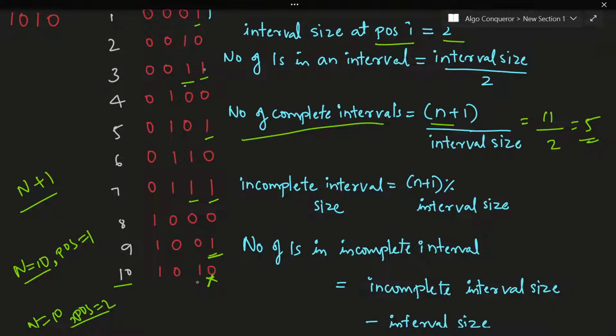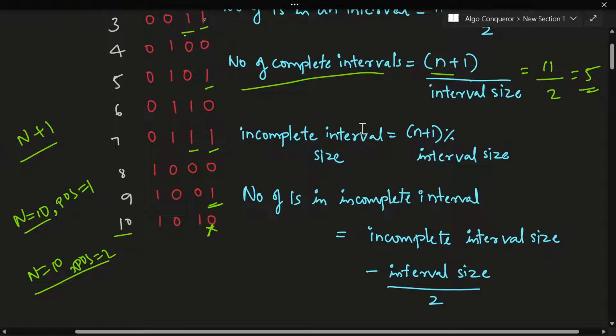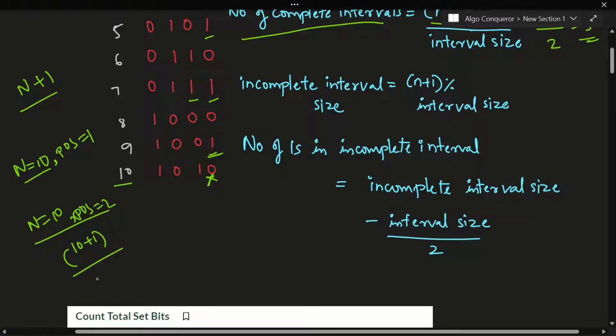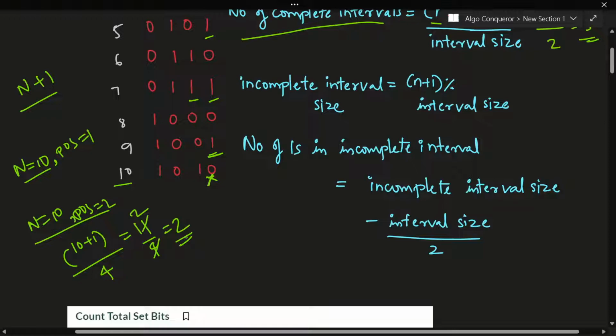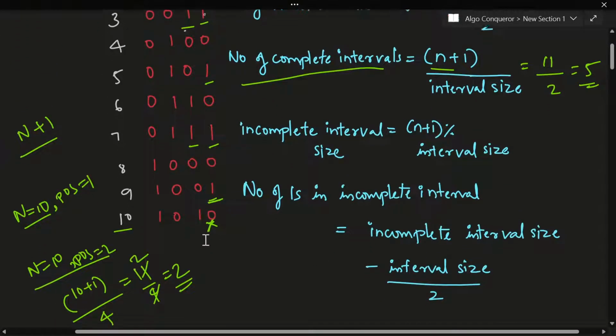And this interval is not complete yet. Alright. So the number of complete intervals, how will you calculate? (n plus 1) by interval size. 10 plus 1 by interval size, for position 2 the interval size is 4. 11 by 4 gives you 2. So there are 2 complete intervals at position 2 for n is equal to 10.